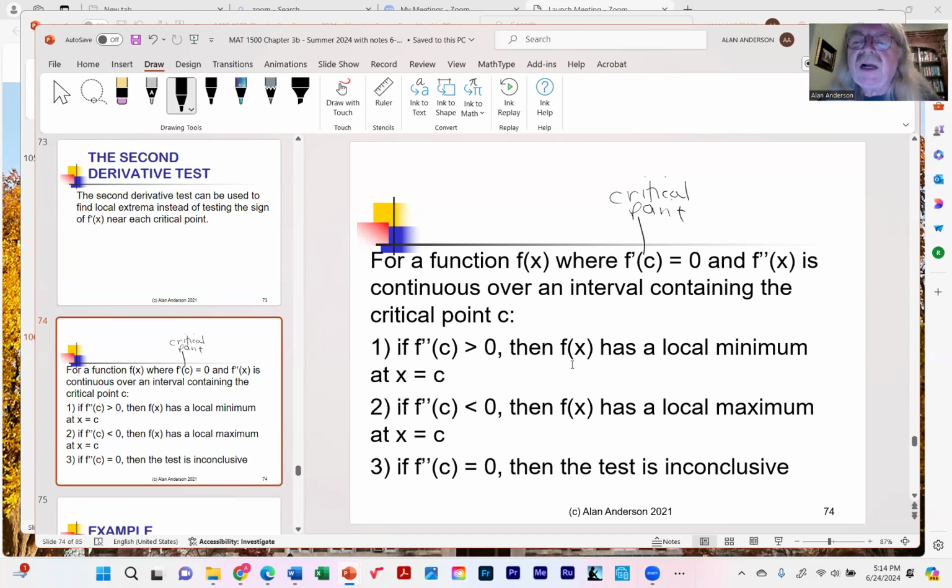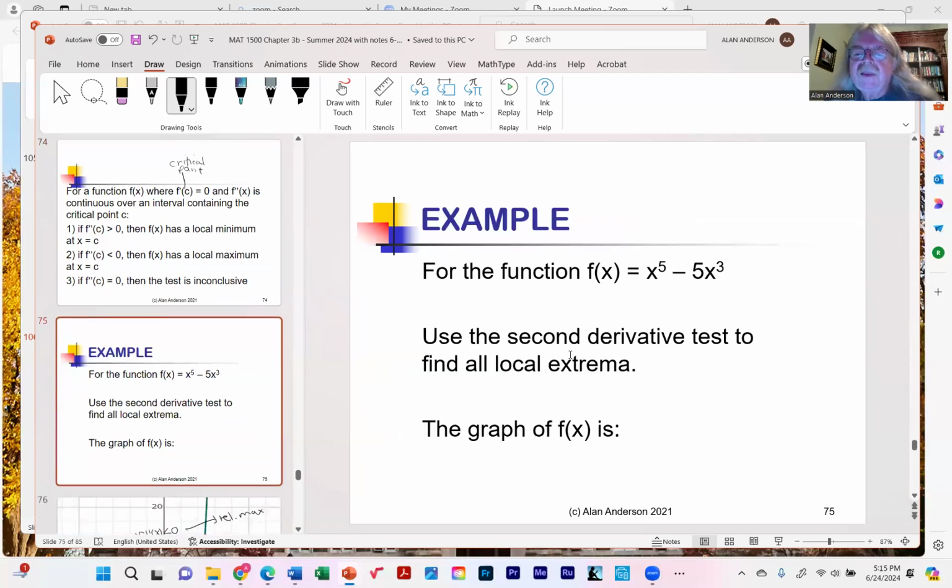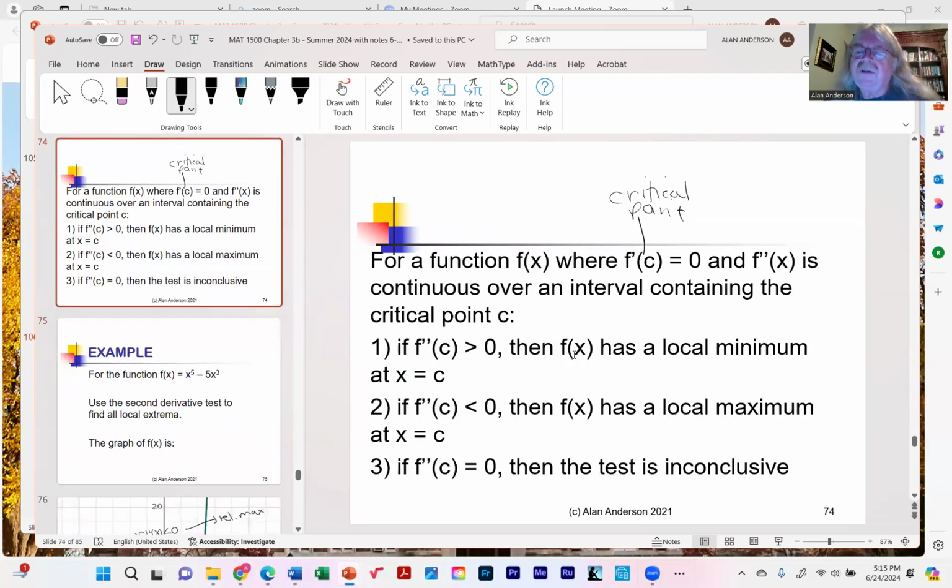When the second derivative is positive, then that means that we have a minimum at that point, C. Negative means it's a local maximum, and 0 means the second derivative test fails. Now that's a strange result. The test can actually fail, which means we have to try something different.